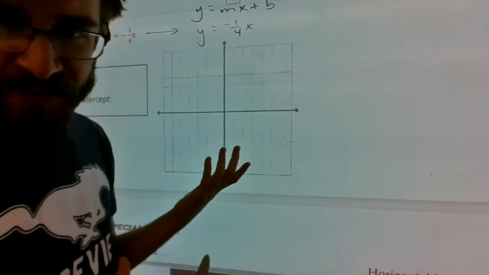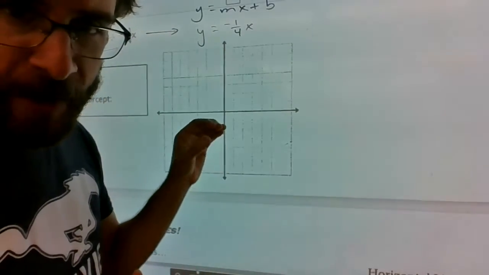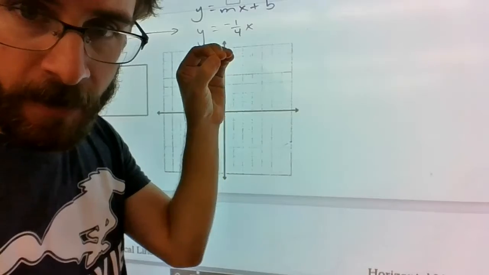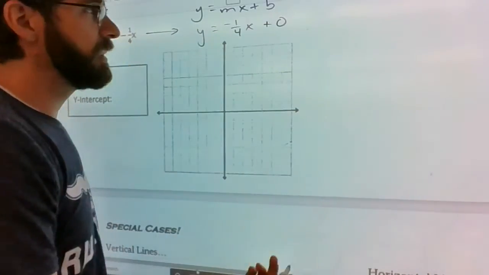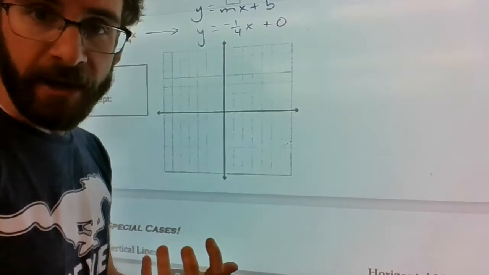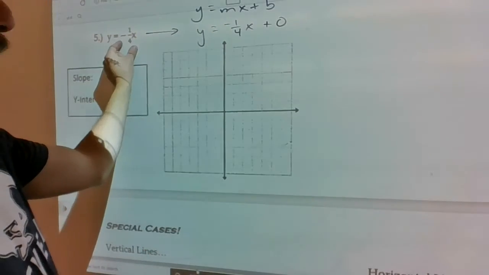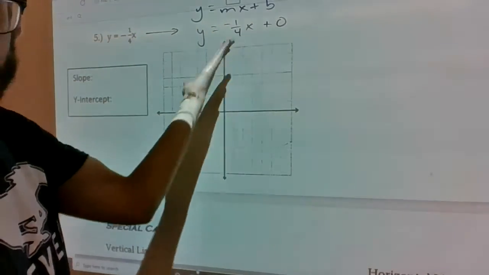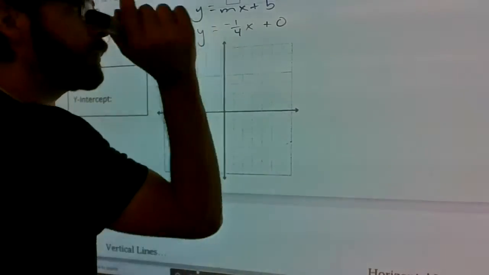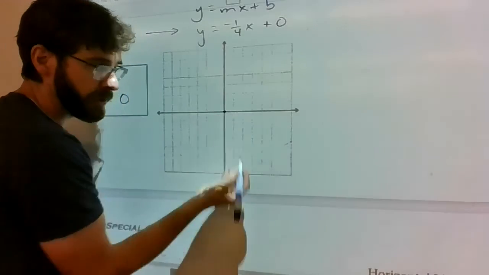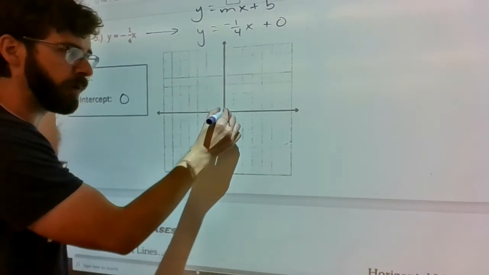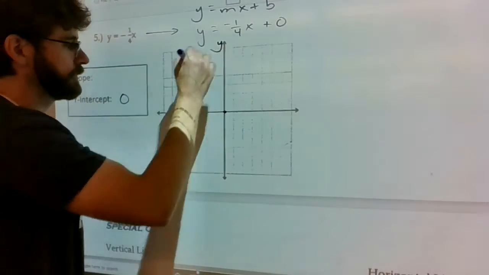Well, since nothing's there, we can give the mathematical equivalent to nothing with 0. So if we plus 0, that actually is a legitimate way of representing negative 1/4 x. There's nothing there, so just put a plus 0, which means we start at 0, which is the origin. So that's the first point we plot, right there on the origin.